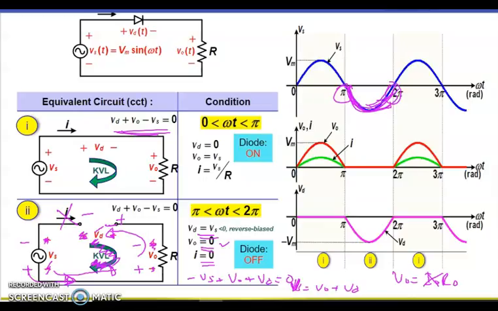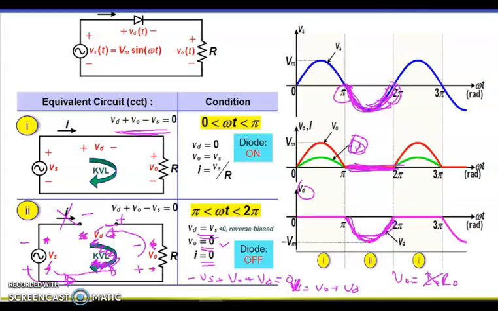That's why we have VD equal to Vs, but this is on the negative side. That's why we can draw, during the negative cycle, I is 0, V out is also 0, and the V diode follows the V source, but on the negative phase as well.